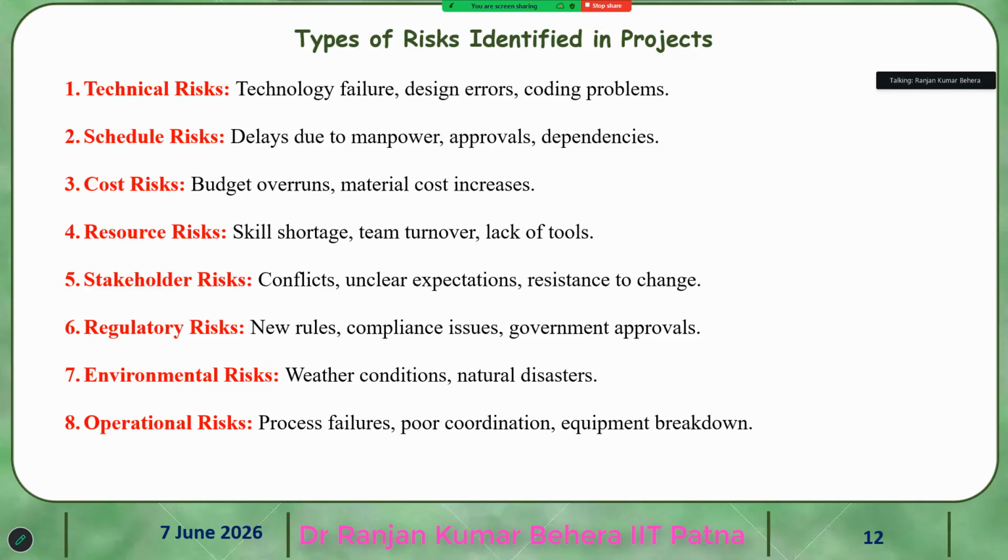And then operational risks. Sometimes the process fails, or there is poor coordination among the people, among the systems, or equipment breakdown. For example, I have a gosala where 100 plus cows are there.